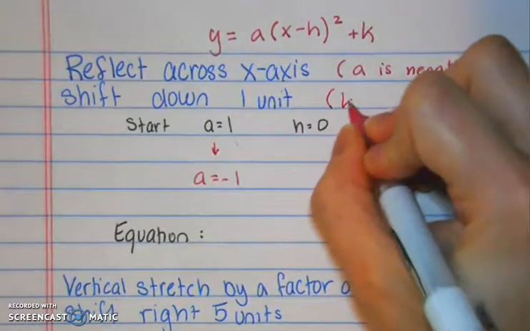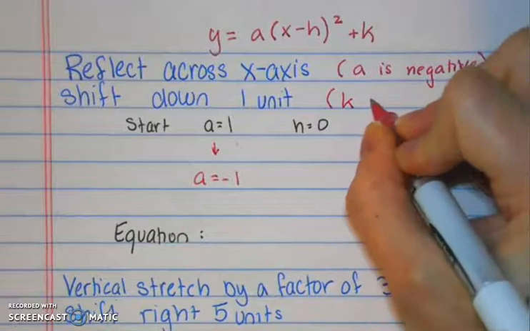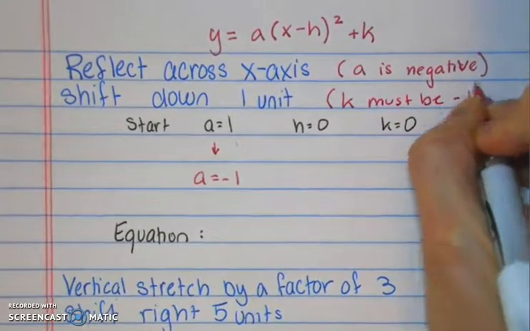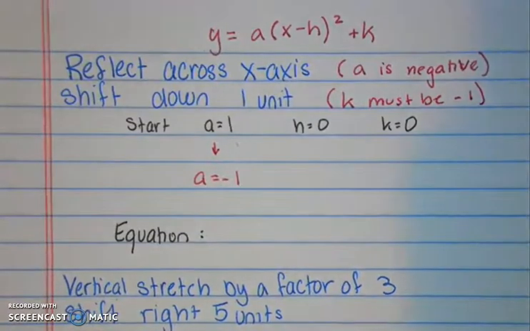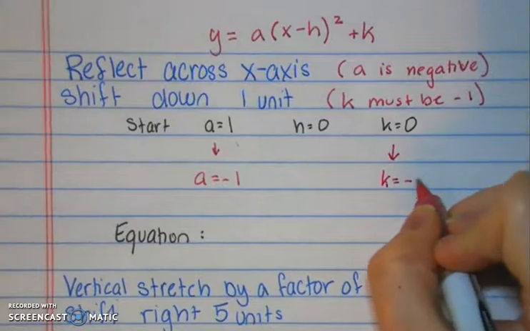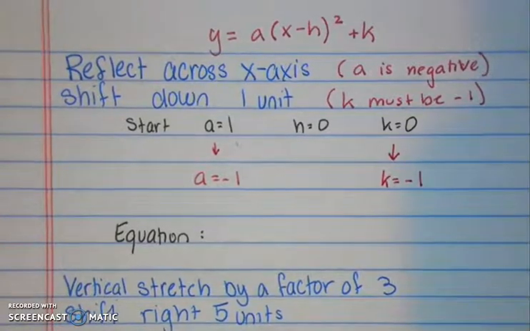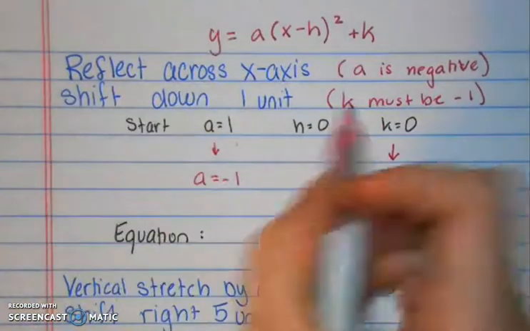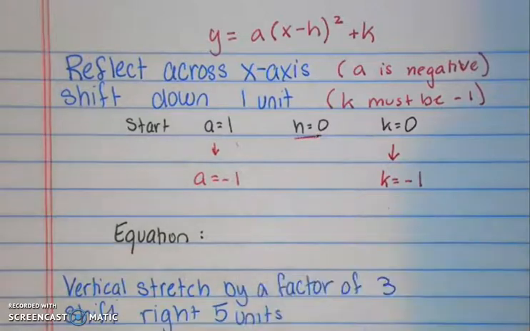That means that k must be negative 1, because that's how we move down 1 unit. So this k is 0 is going to go k is negative 1. Now h has not changed. There are no more transformations to deal with, so h is still going to be 0.